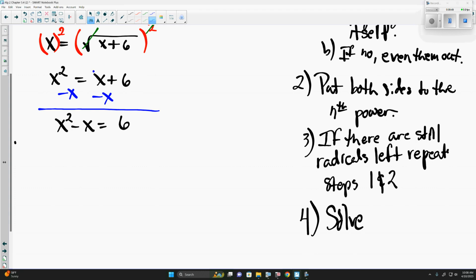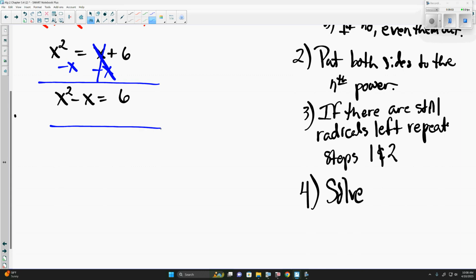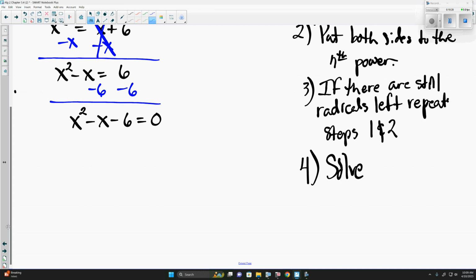On the right-hand side, the x and x simplify to 0, giving us x squared minus x is equal to 6. But again, we need this equal to 0. So the next thing we can do is subtract 6, telling us that x squared minus x minus 6 is 0. Now that we have it equal to 0, we can solve this here.